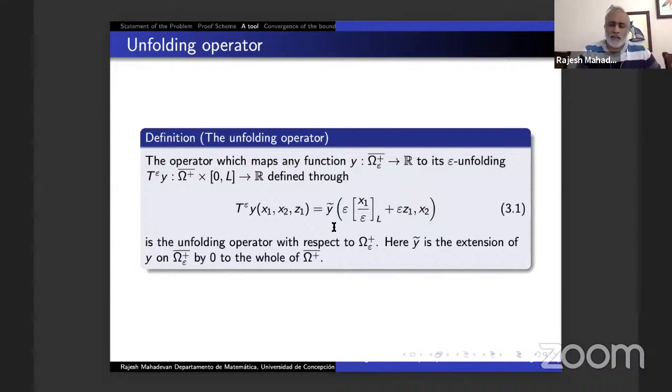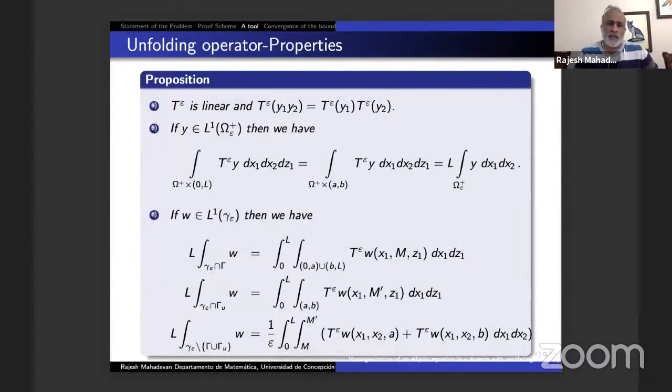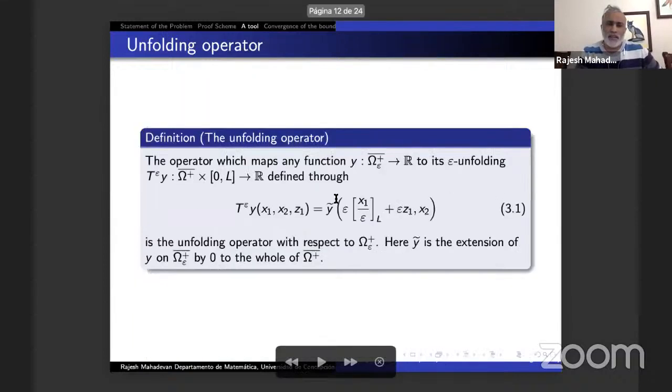So if you do that, then there are several properties which can be obtained. One is this operator is linear, which means that if you have a sum of two functions, it converts to a sum, and if you multiply by a constant, it also gets multiplied by a constant.